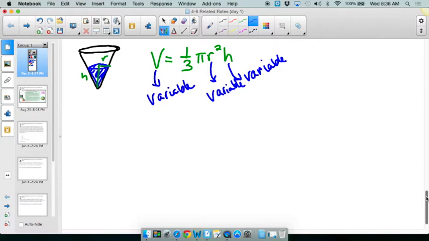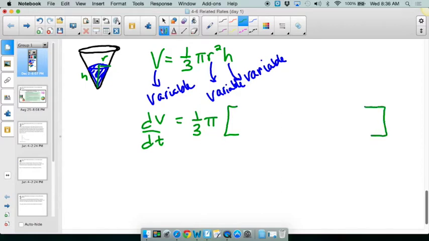Okay, so let's go through the product rule here. Derivative of the left-hand side is what? dV/dt, just the rate of change of volume. What are my constants here? The 1/3 and the pi, and now I have to do a product rule.